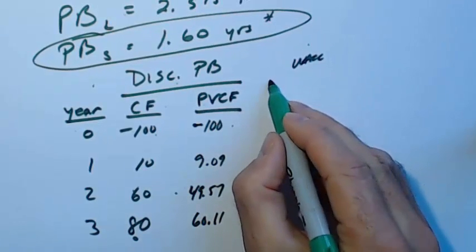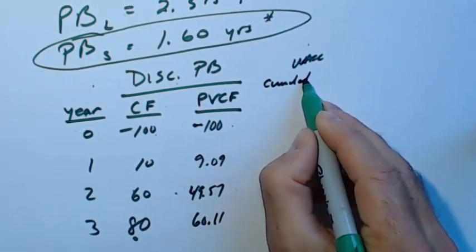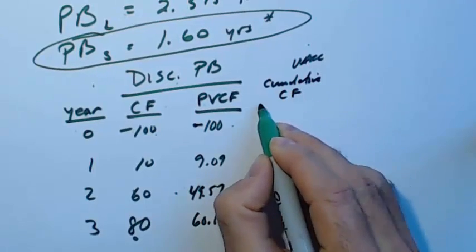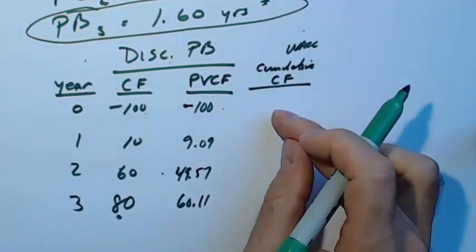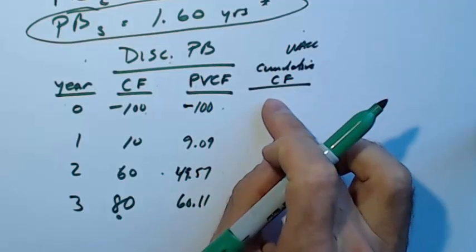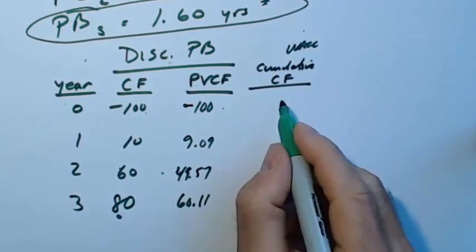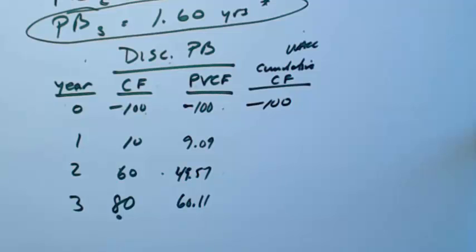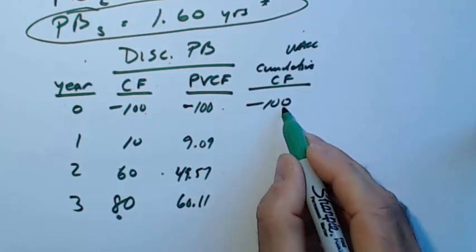Now let's look at our cumulative cash flows. We're going to use the same concept: we dug ourselves a hole of $100. How long is it going to take us just to get ourselves out of the hole? So we have $100 negative.